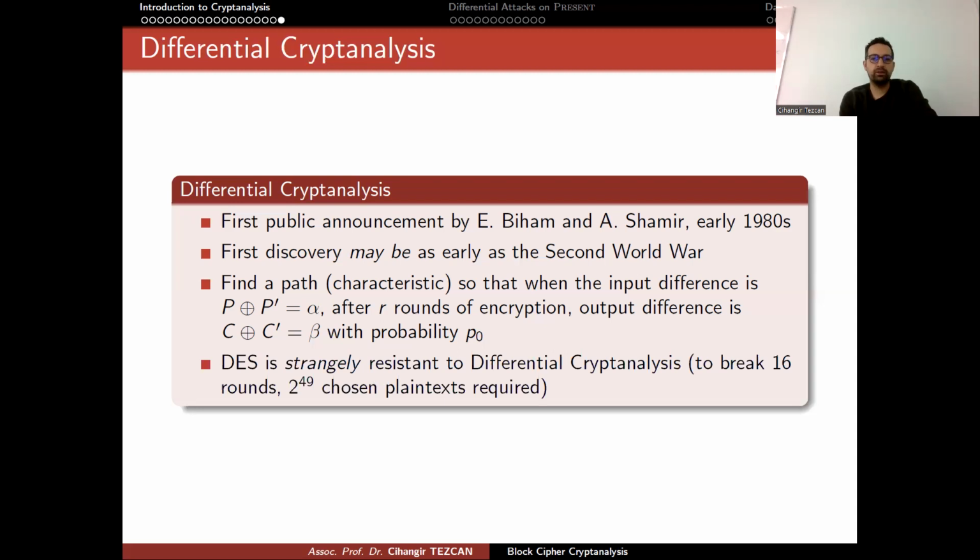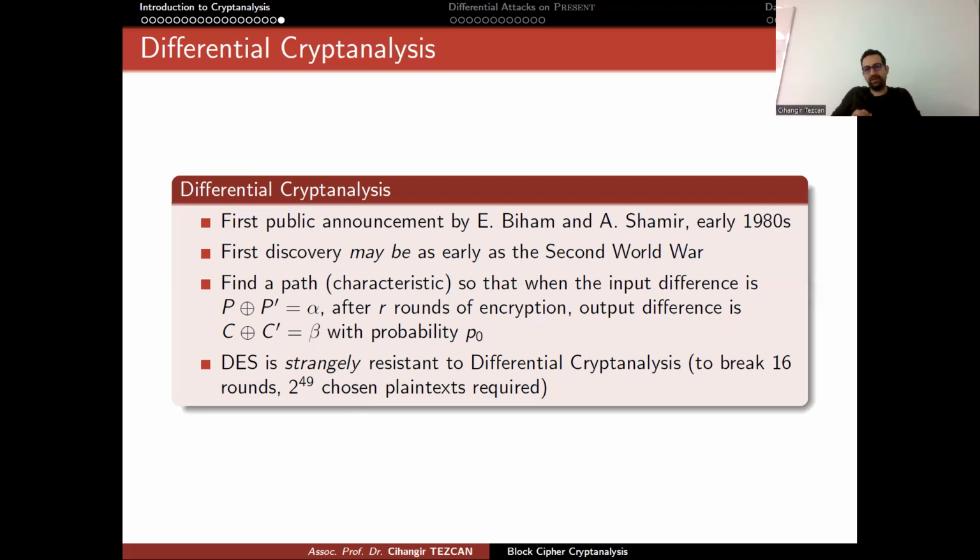So let's finish with our previous observation. When Biham and Shamir discovered this technique, they practically broke some ciphers. But they realized that they could not break DES practically because it was strangely resistant to differential cryptanalysis. To break 16 rounds, around 2 to the 49 chosen plaintexts were required.